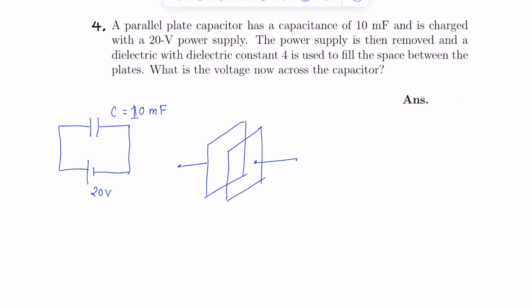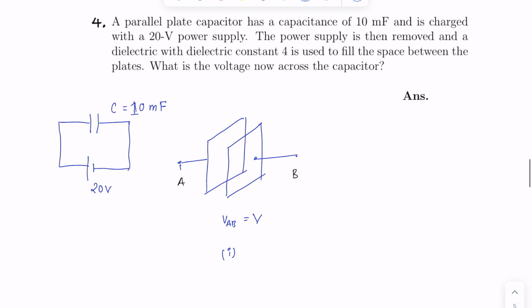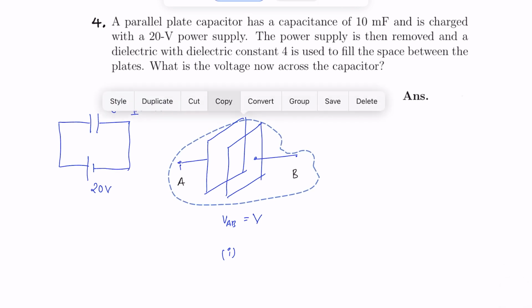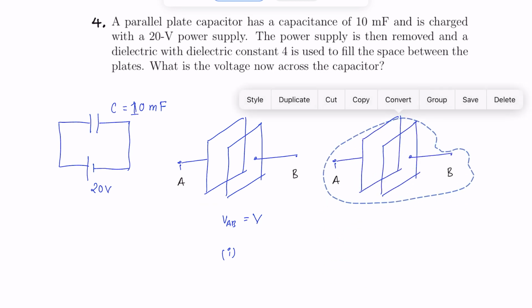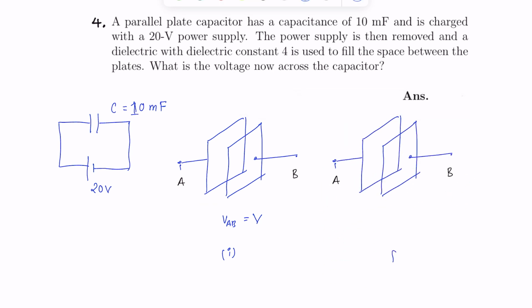Let's say initially you have this case, and the potential between point A and point B was V. Now if you insert a dielectric between the two plates, this is our final condition, F. I'm going to call this V prime.